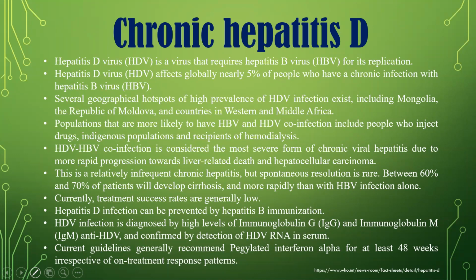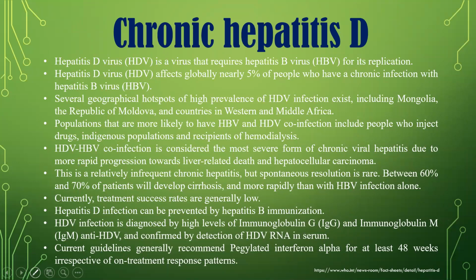Populations that are more likely to have B and D co-infection include people who inject drugs, indigenous populations, and recipients of hemodialysis. Co-infection is considered the most severe form of chronic viral hepatitis due to more rapid progression towards liver-related death and hepatocellular carcinoma.